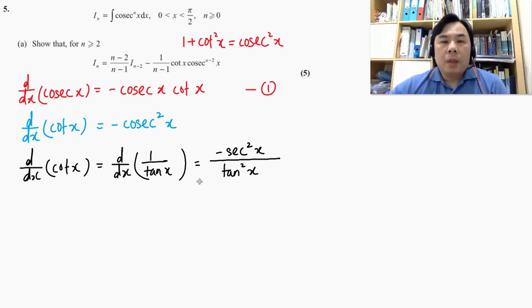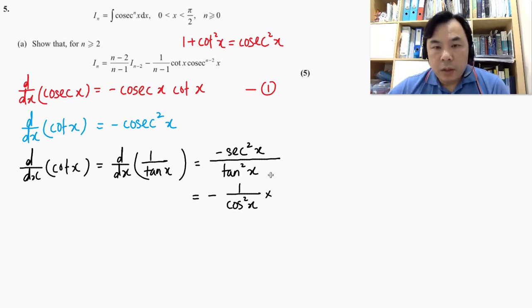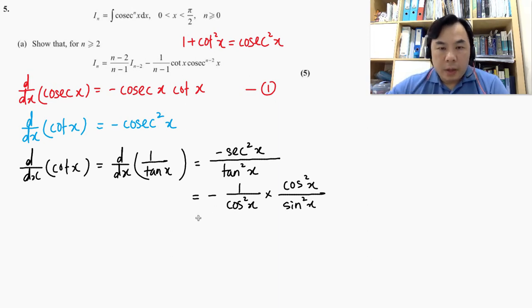Then, of course, you can apply a bit of an algebraic approach here. Knowing that tangent x is sine over cos, it will be the same as this, and you can see that the result is very obvious.